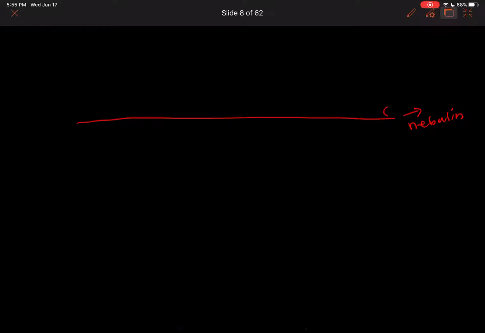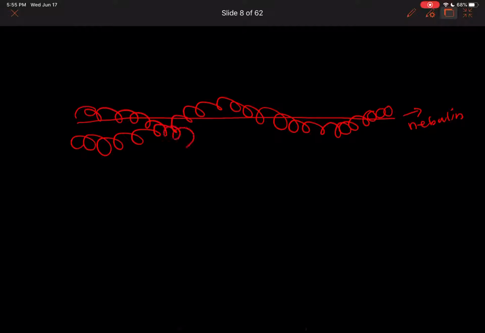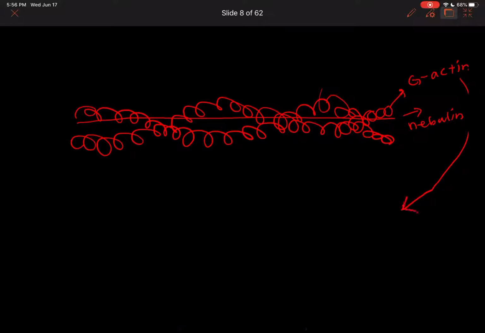And then you have these balls that twist around that line, this way and the other way. I'm drawing them as curls, but it's hard for me to draw all those circles one by one. So those are actually the circles, which are made up of G-actin. If we zoom in, G-actin is a big sphere with a particular active site.